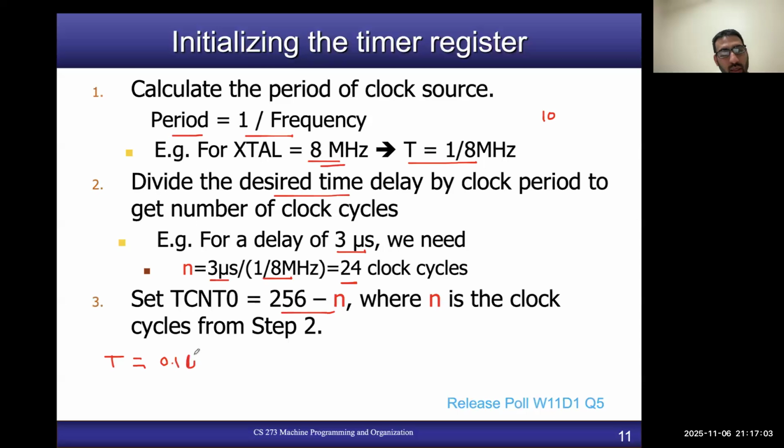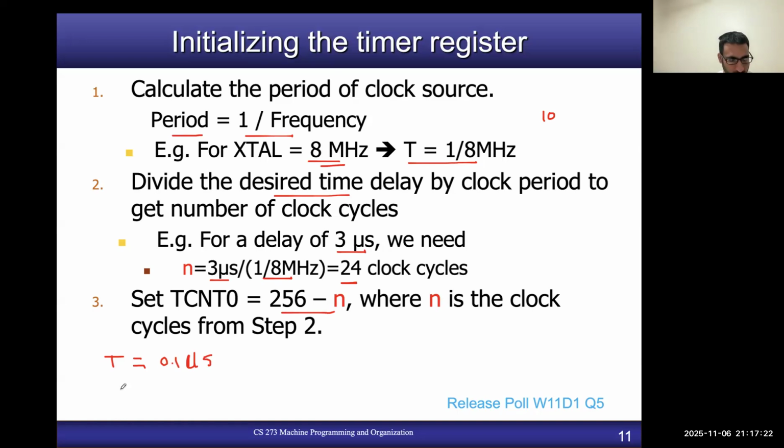Then you need to divide your desired time delay by the time period. The desired time delay is 6.25 microseconds.